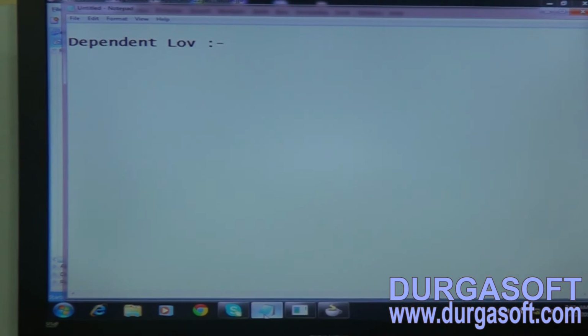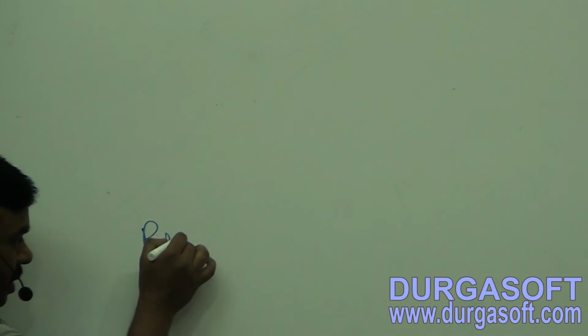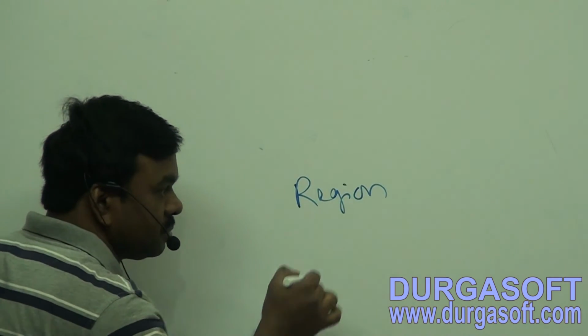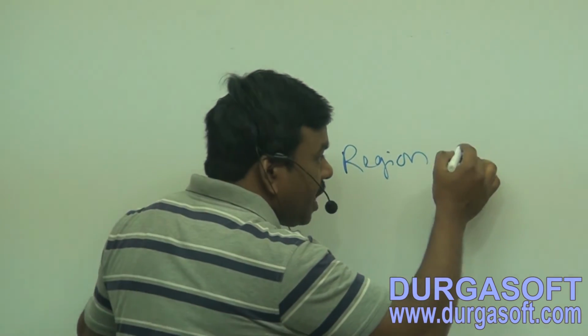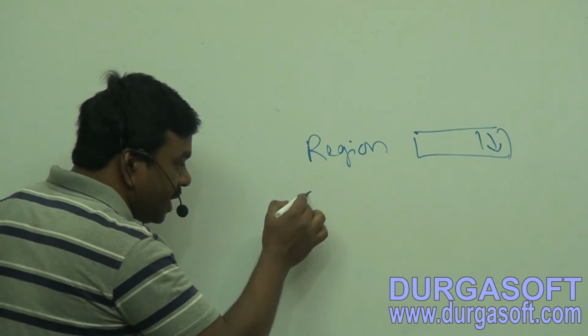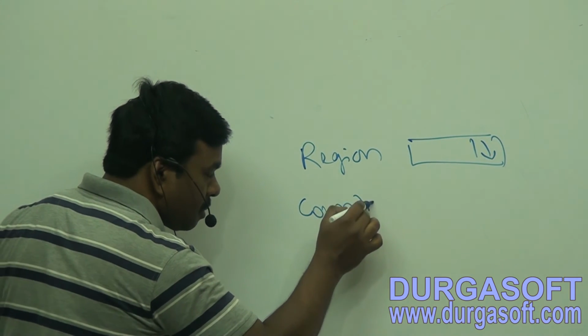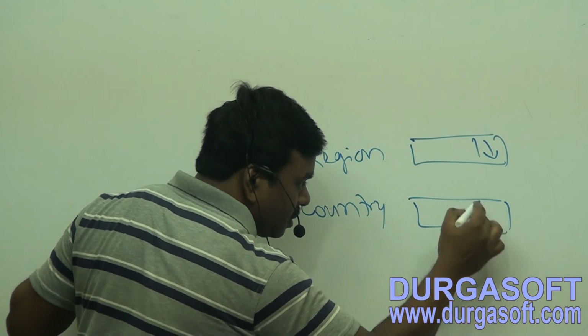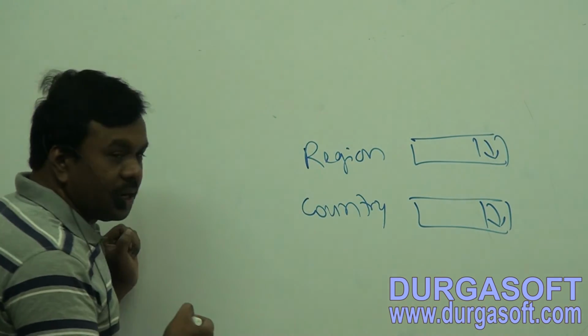Suppose, for example, there is a region. I'll create one LOV for this region. There is a country. I'll create an LOV for country also.